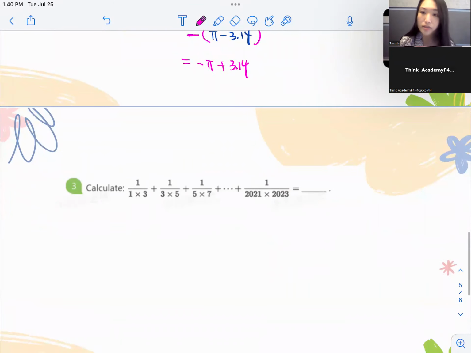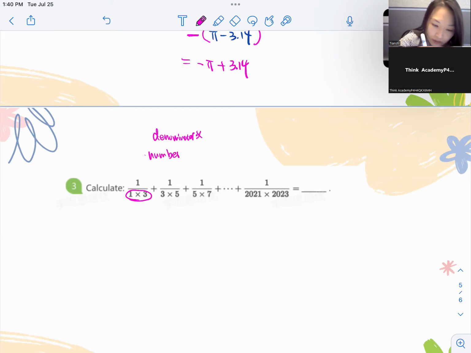And for this one, we should use the splitting method. For this one, the denominator is the multiplication of the two numbers. But the problem is that the numerator is not the difference of these two numbers directly, because the difference of these two numbers is 2 instead of 1.